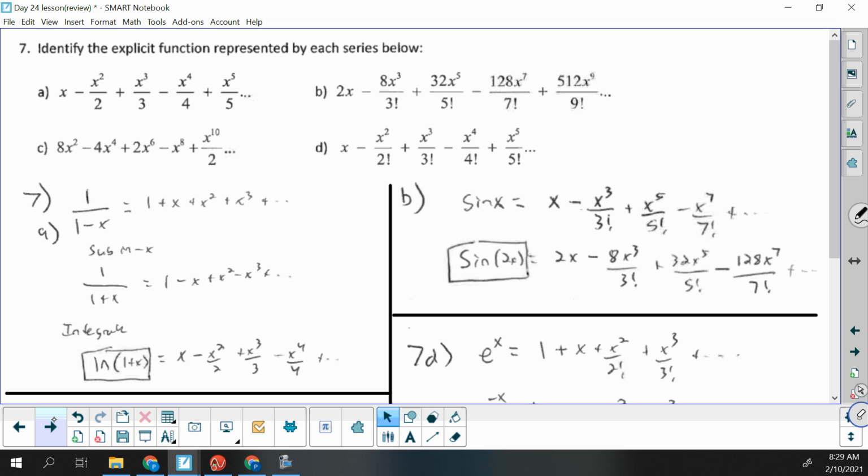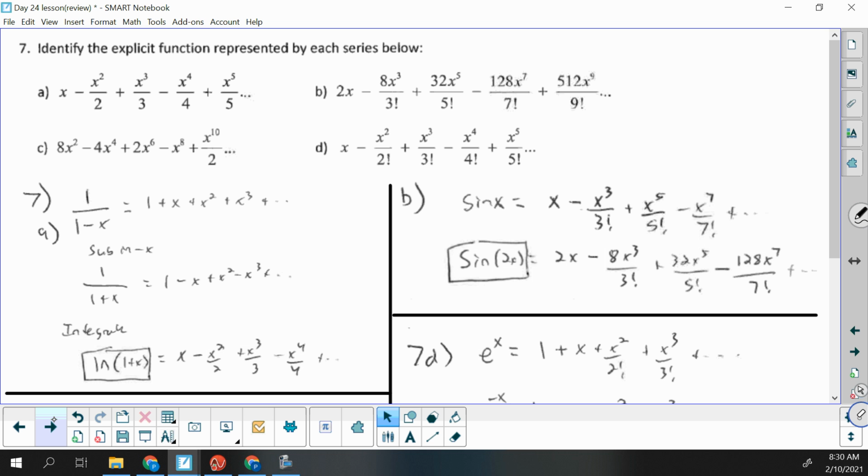So now we're with 1 over 1 plus x, and we've got the alternating signs now. Well, what we have is the antiderivative of that. So if you take the antiderivative of 1 over 1 plus x, that's really natural log. And then that matches with what we have.